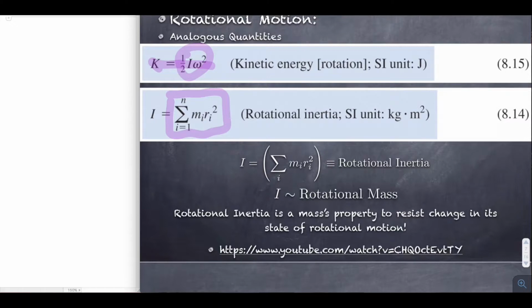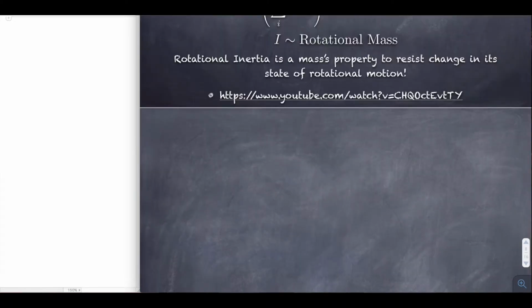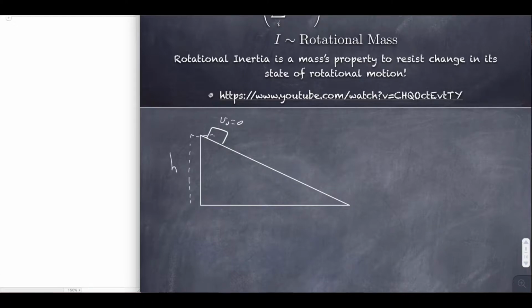And it does matter because what we've done in the past is we've considered an object, say like a crate, and it's starting from rest here, v naught equals 0, but it's starting at some height h here, and then there's no friction.